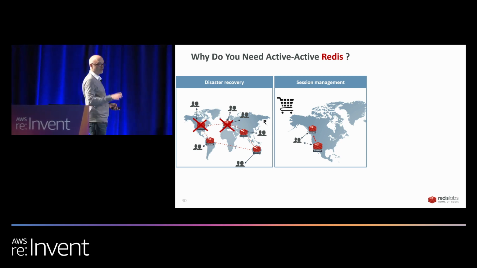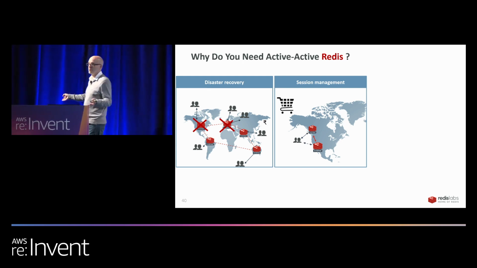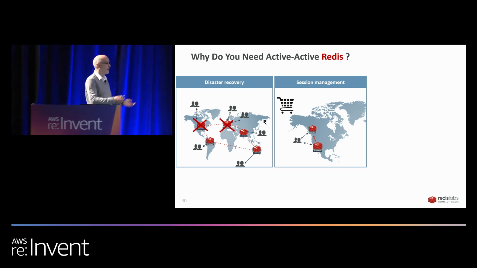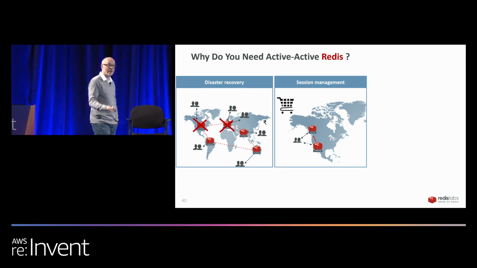So if you now store your session data in Redis Enterprise and use active-active, then that session state is now globally replicated. You lose a data center, your session state is now there for when you reestablish that connection. So that's another way you can use active-active.